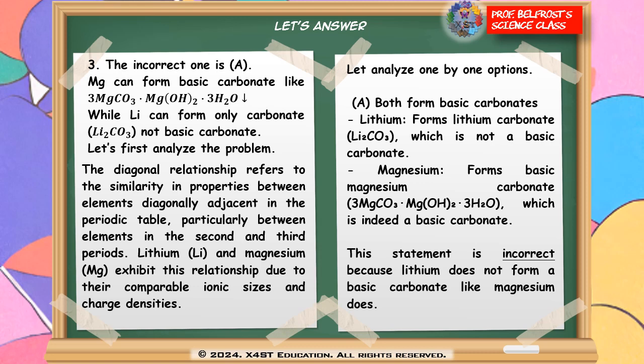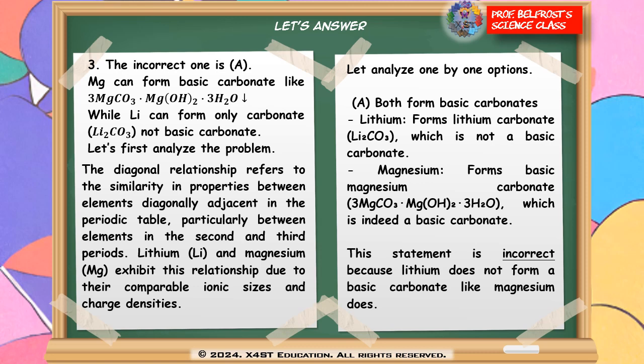First we need to understand what diagonal relationships are. Diagonal relationship is the similarity in properties between elements diagonally adjacent in the periodic table, for example lithium and magnesium. For A, I've told you that it is the incorrect one, because lithium doesn't form a basic carbonate like magnesium does.